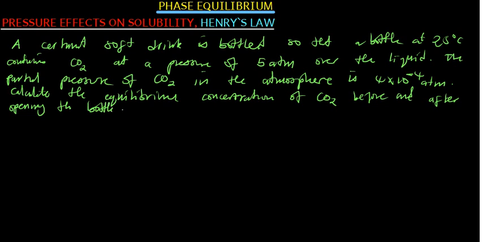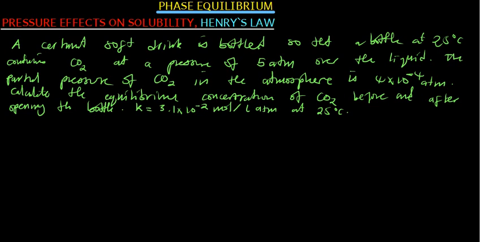One value being given is the Henry's constant for carbon dioxide, which is K, equal to 3.1 multiplied by 10 to the power negative 2 mole per liter atmosphere at this temperature, 25 degrees Celsius. Well, that is the question.